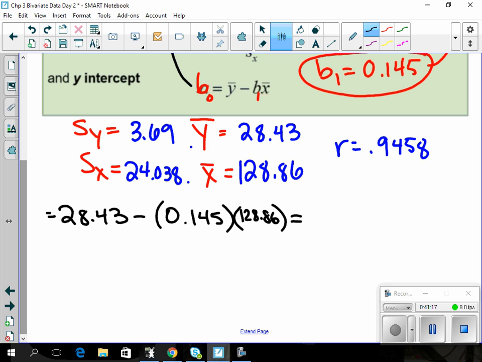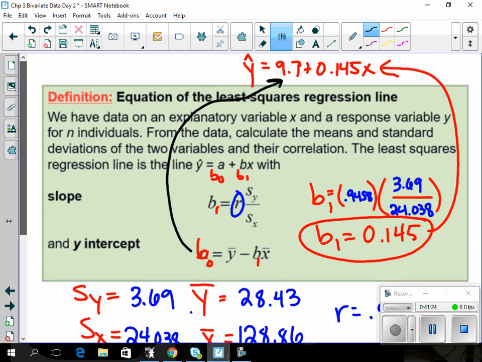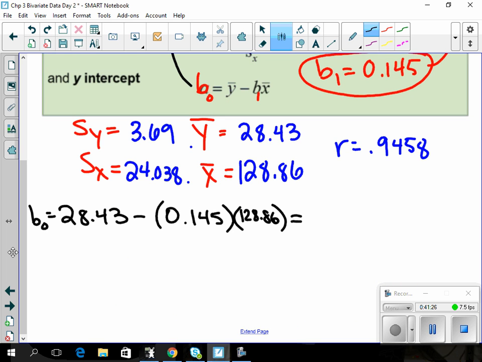And that's going to give us our y-intercept. So we should get close to 9.7 there. Hopefully we did. Okay. So this is calculations. I know it's kind of boring and simple because your calculator can do it for you. But when we get to some review questions, you'll see why that is important.